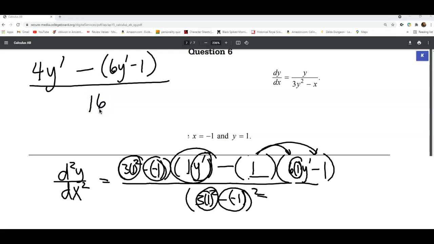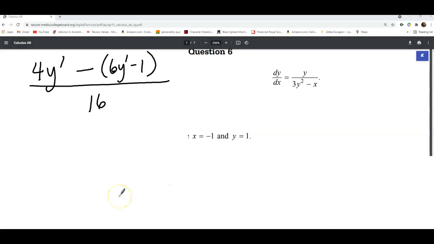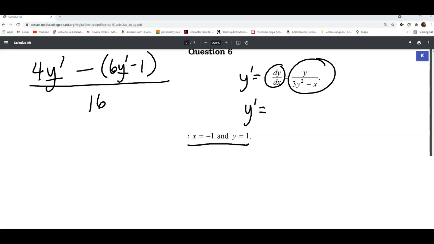Now, you'll notice that I can't really go any farther right now because I need to figure out what y prime is. Well, it's important you guys understand notation because y prime is just another way of saying this. So really, this is y prime. So if I want to figure out what y prime is, all I need to do is plug these numbers into the first derivative.